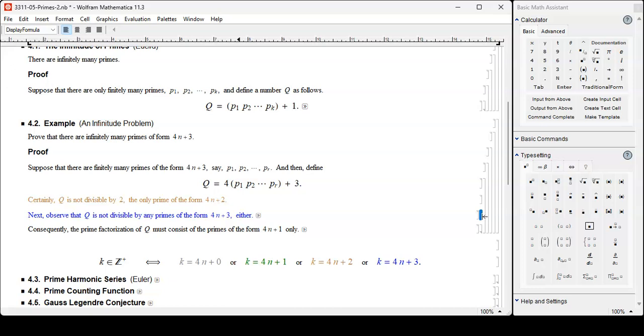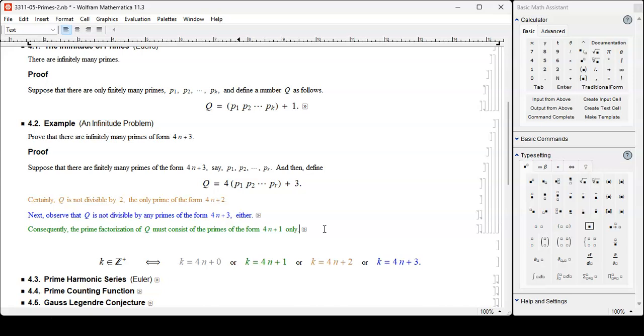Now, how can you prove that capital Q is not divisible by any prime of 4n plus 1 either? Well, to prove that directly is hard. So let's go back to the prime factorization lemma and use the fact that Q can be decomposed into prime factors.